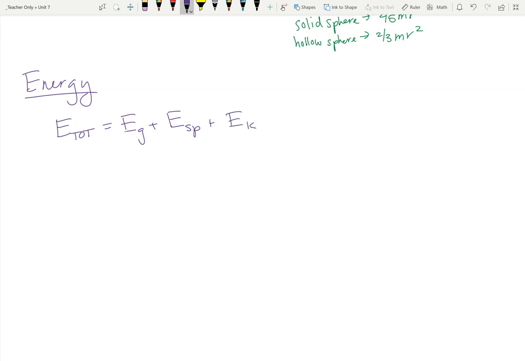But now what we're going to see is that Ek comes in two flavors. I mean, it comes in more if you consider thermal and stuff, but for now, for mechanical energy, we're going to have Ek translational, and we're going to have Ek rotational.